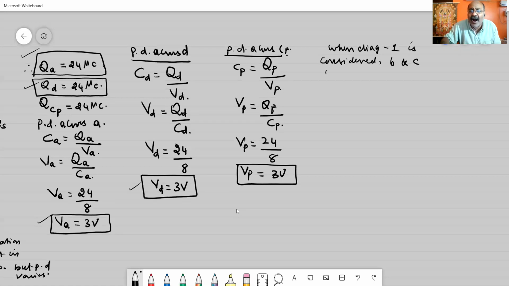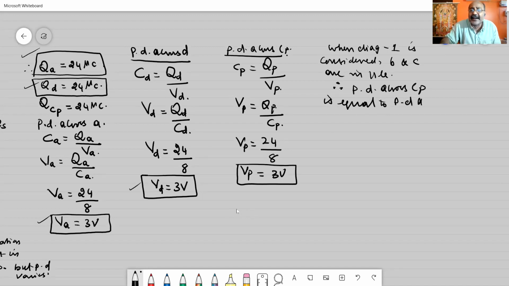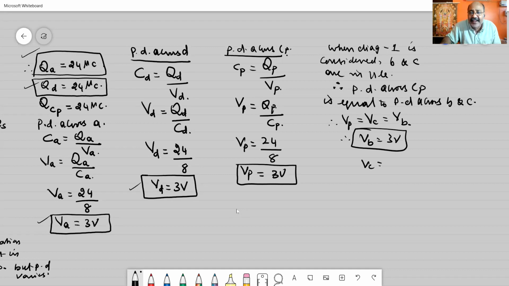B and C are in parallel. Therefore, potential difference across CP is equal to potential difference across B and C. Therefore, VP is equal to VC is equal to VB. Therefore, VB is equal to 3 volt and VC is equal to 3 volt.